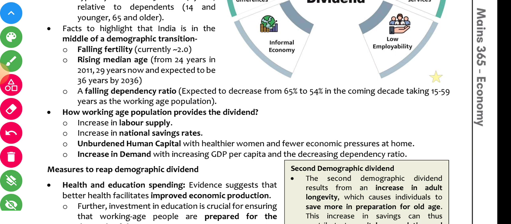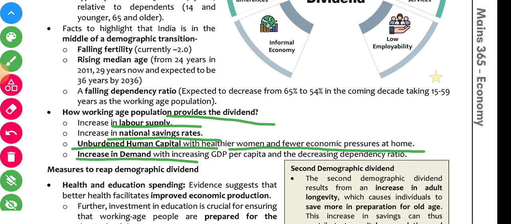How working age population provides the dividend: increase in labor supply, increase in national savings rates, unburdened human capital with healthier women and fewer economic pressures at home, increased demand with increasing GDP per capita and the decreasing dependency ratio.